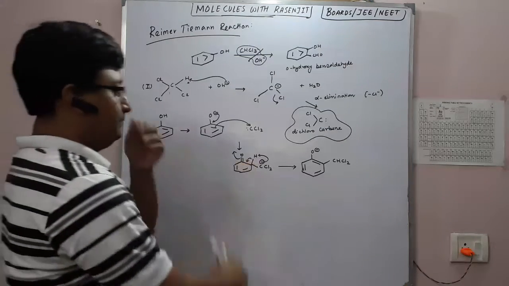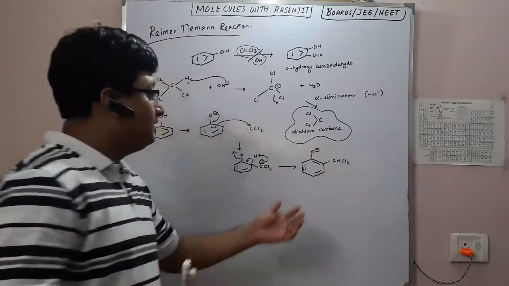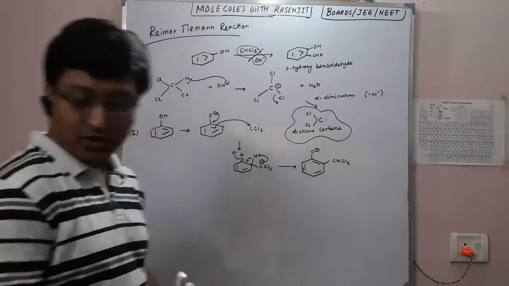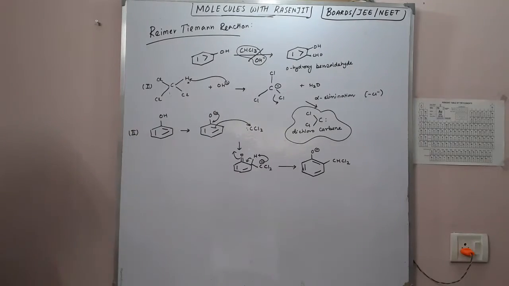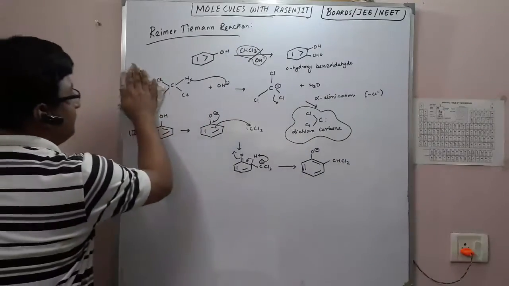This is fine. Now, in presence of a basic environment, this particular molecule will undergo a rearrangement. Let's look at what kind of rearrangement this molecule will undergo. Let's rub this first part.